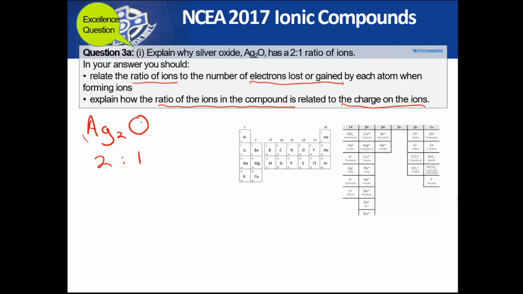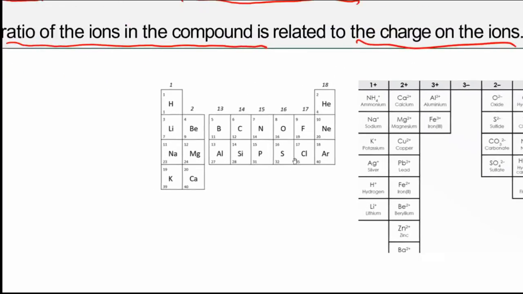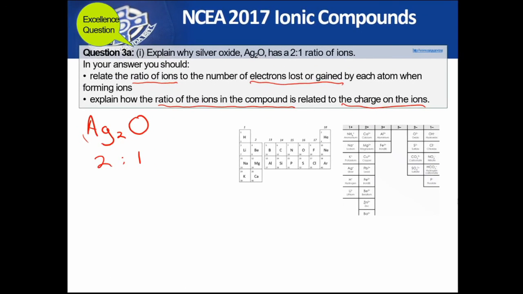The reason for that is because silver forms an ion of 1 plus, so it wants to give away 1 electron. But oxygen sits here in group 16, so it's got 6 in the outer shell, so it wants 2.